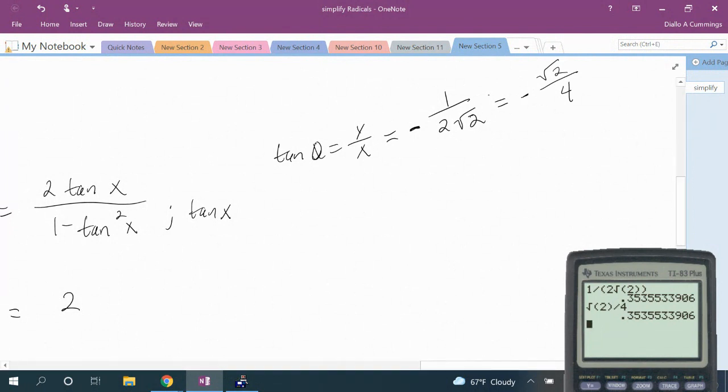All right, so I've simplified or rationalized this denominator. Now you can use either one in the formula, but here I'm going to use the simplified form of the radical. So in this formula, we're going to substitute the tangent of x for negative square root of 2 over 4.